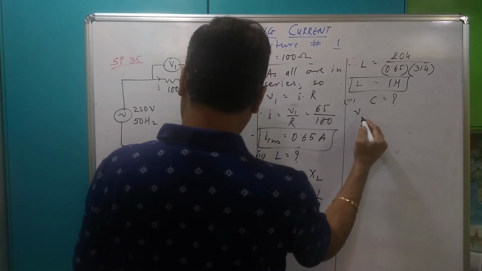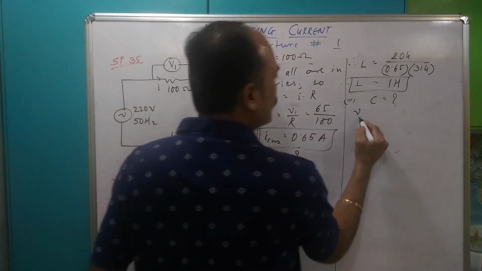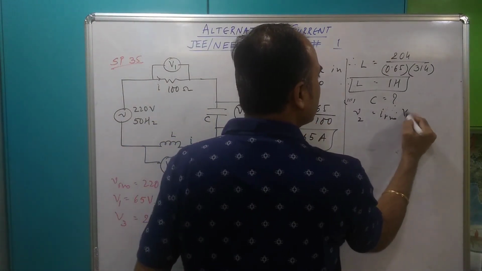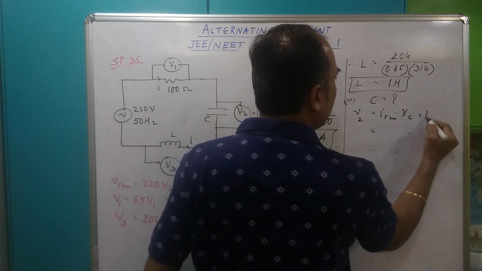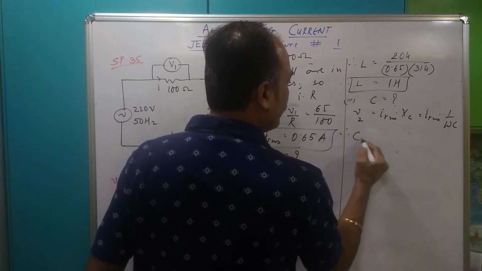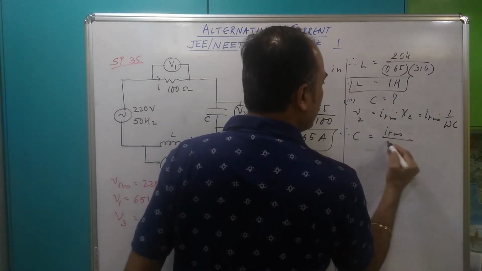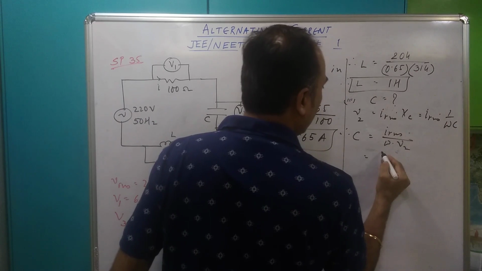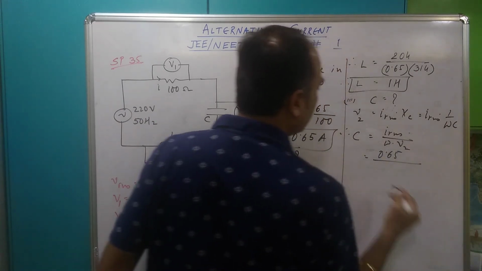And थर्ड क्या है, वैल्यू ऑफ कैपेसिटेंस, ओके C. अरे सेम यार, कैपेसिटेंस के अक्रॉस कौन है, V2, तो V2 is IRMS into XC. C को उठा लो ऊपर, तो IRMS into ओमेगा into V2, इस बार IRMS ऊपर चढ़ गया.